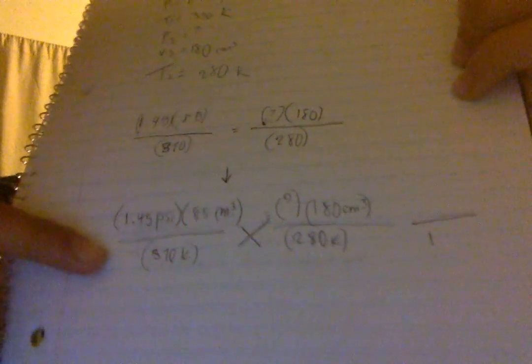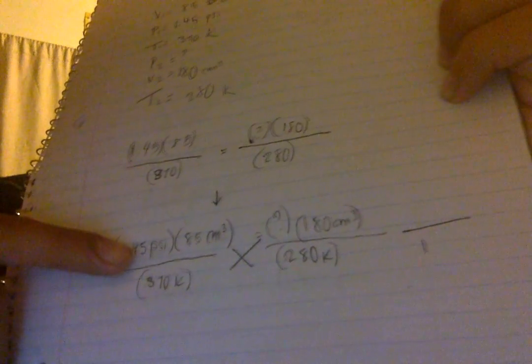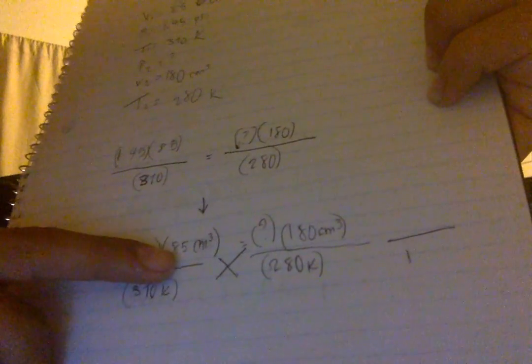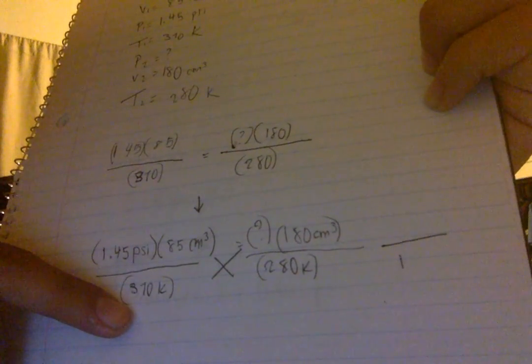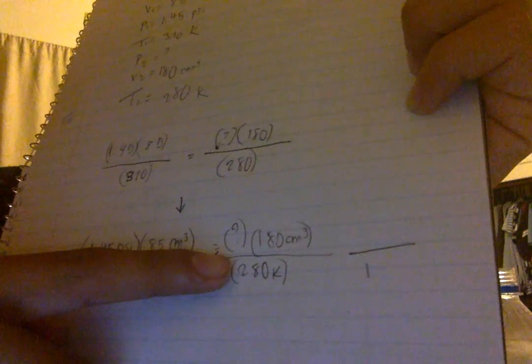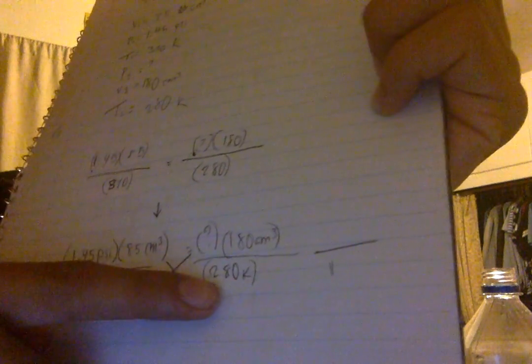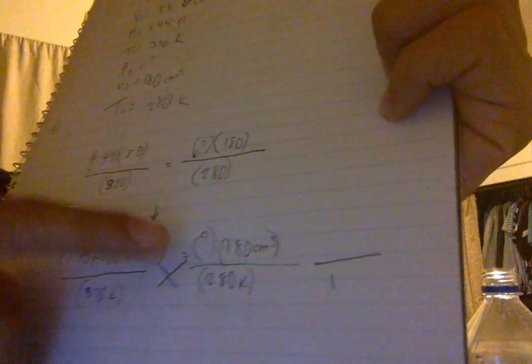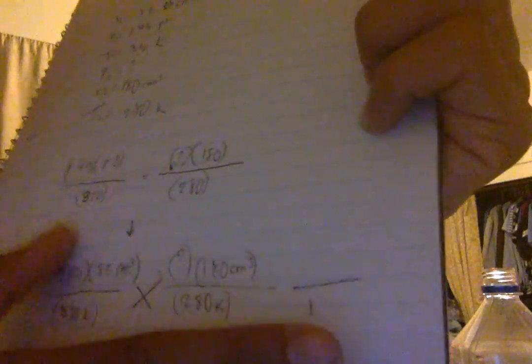So for the pressure, it's 1.45 psi times 85 centimeters cubed over 310 K equals the question mark times 180 centimeters cubed over 280 K. What you do for this is simply multiply across, cross cancel. That's how you'd solve for this. And of course, I've gone ahead and done that as well.